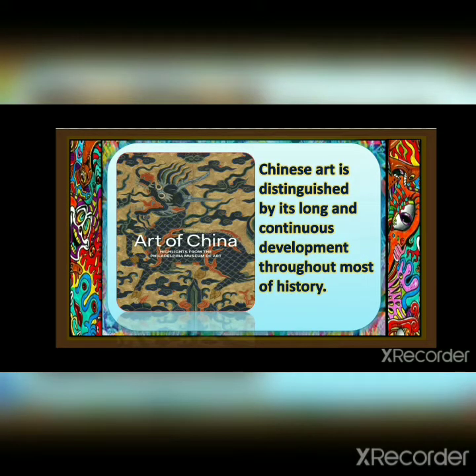Chinese art is distinguished by its long and continuous development throughout most of history. Chinese art goes back many centuries, and the themes developed from religious to supernatural beliefs, or from the natural environment to the landscape.